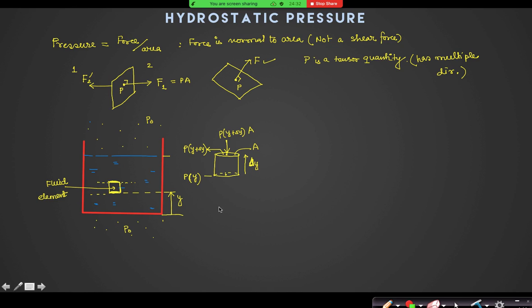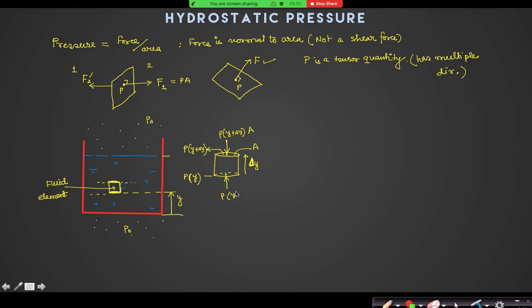Similarly, the liquid surrounding this will exert a force in this direction. As I have told you, one medium will exert a force in this direction. Here medium 2 is this, so this medium will push it.